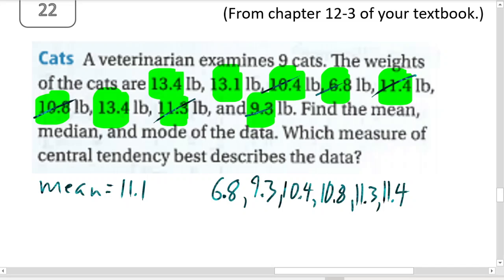Any 12s? Let me grab any 12s. And then we do have some 13s. We have 13.1. And a pair of 13.4s. Running out of room here. 13.4. I think I got all 9 of them. And so we need to find the middle one. That'll be our median.